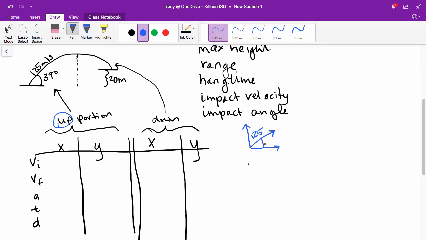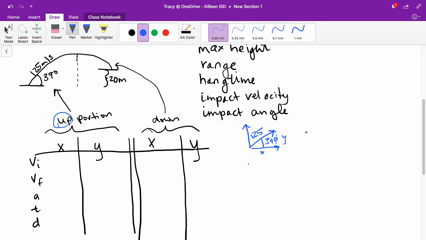And that's a 39-degree angle. So the y portion is over here. So that's our opposite, and the x portion is our adjacent.